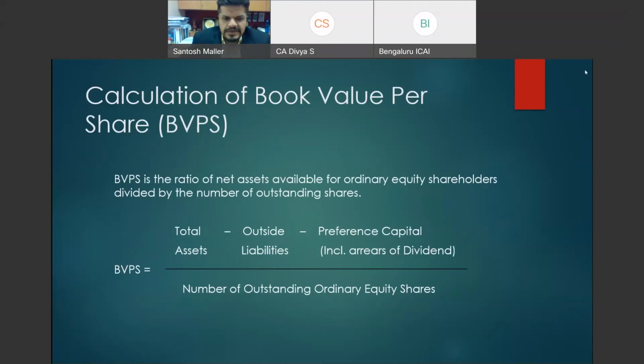That is, book value per share equals total assets minus outside liabilities minus preference share capital, including arrears of dividend, divided by the total number of outstanding ordinary equity shares. So basically here, you will deduct from the total assets the external liabilities and the preference share capital.